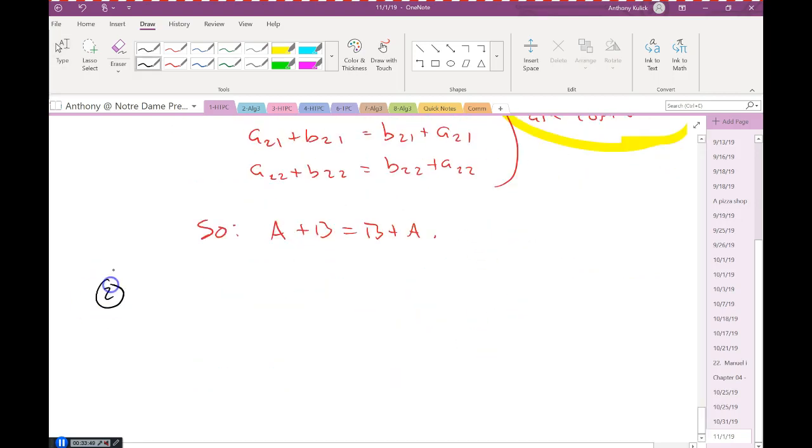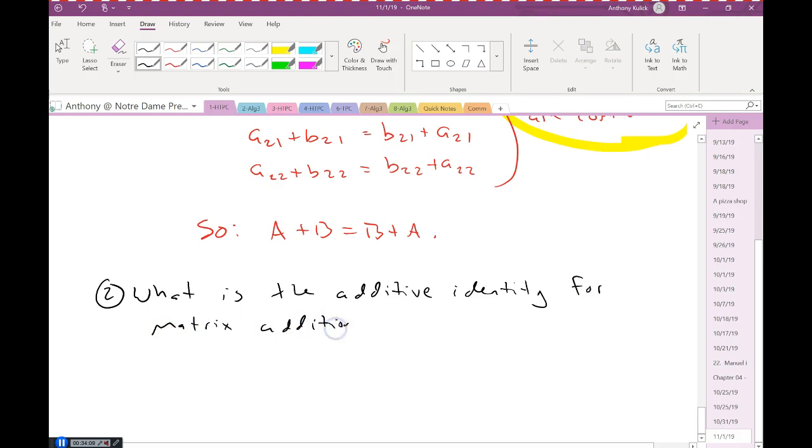Okay. The next thing I want to ask is, what is the additive identity for matrix addition? When I say additive identity, what do I mean?